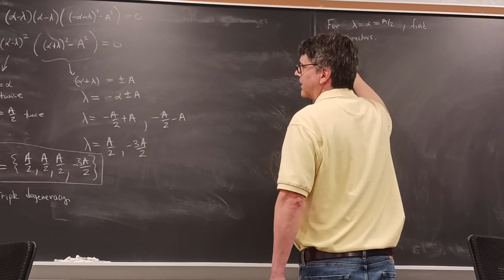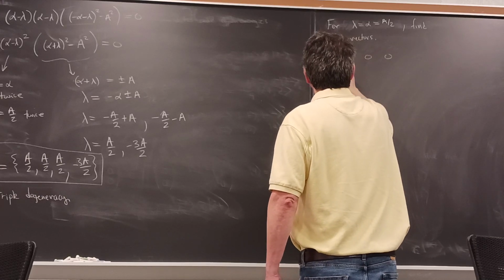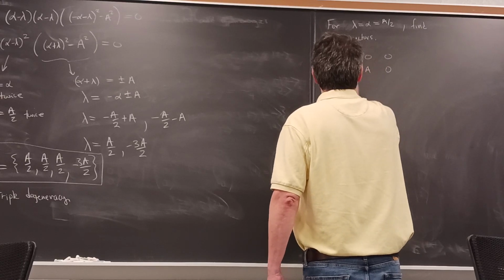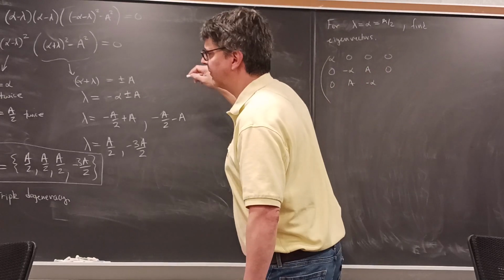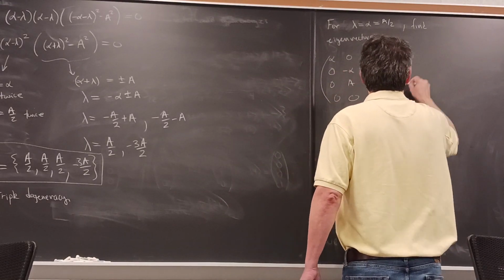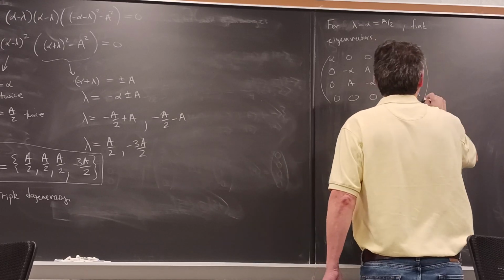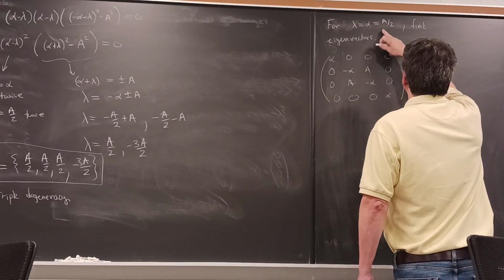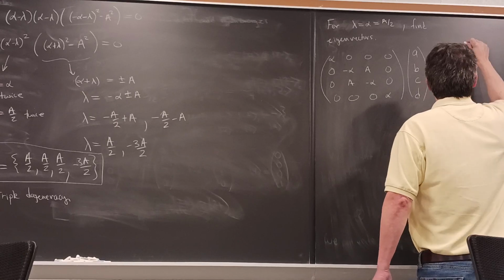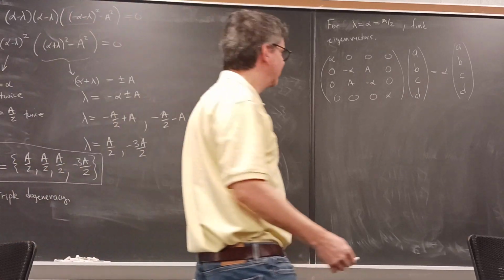So we'll have our matrix here, which is alpha 0 0 0, 0 minus alpha a 0, 0 a minus alpha 0, 0 0 0 alpha. And then we have just some vector a, b, c, d. If this is an eigenvalue, then it's that eigenvalue times a, b, c, d. And now we just have to work through and see what it tells us.